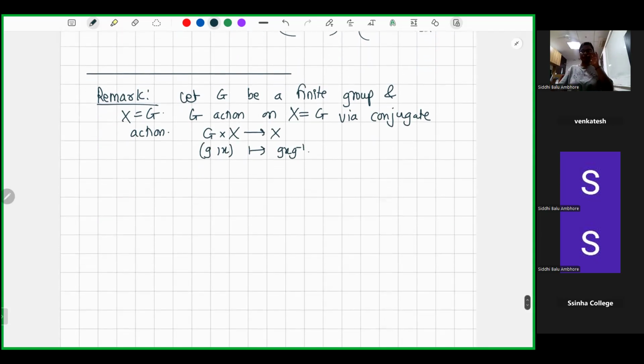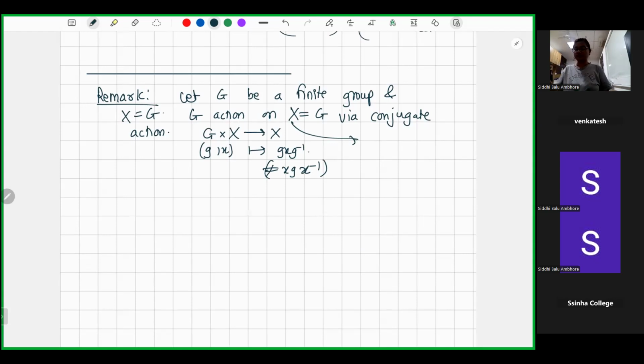Okay, and if you do not know which one to invert, note that to remember that this is g x g inverse and not x g x inverse, the way to remember is that X is any set on which my group is acting. The inverse makes sense only in a group.